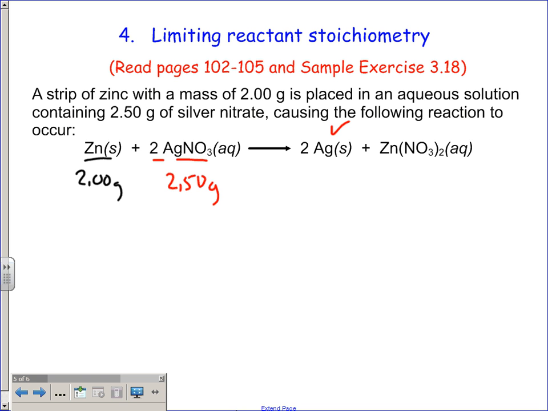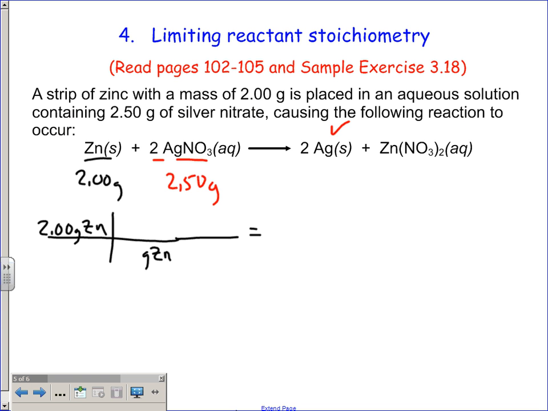So I've got 2.00 grams of zinc. And what I really want to do is get to silver, because that's going to be an easier substance. There are two ways you can do this, and I'm going to show you both in the course of this. So let's look at it big picture.